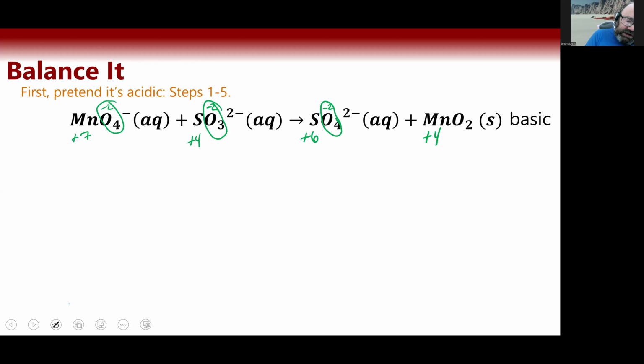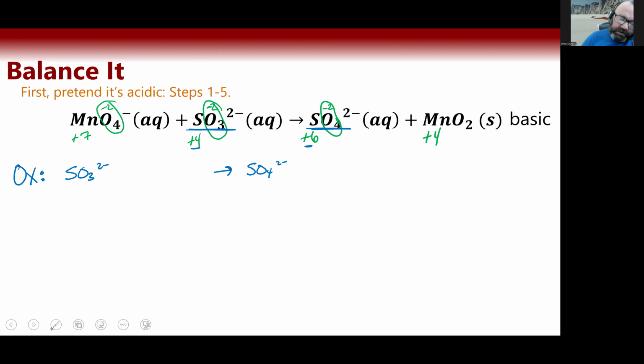We're going to do our oxidation half. Then we're going to do our reduction half. Remember our oxidation half, the oxidation number has to increase. And so that is the sulfite turning into sulfate because it went from +4 to +6. So we're going to say SO3 2 minus, I'll put phase labels in again at the end, SO4 2 minus.